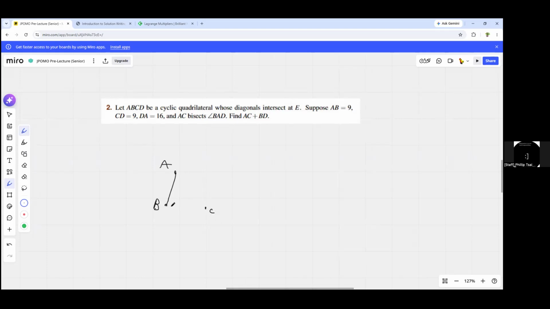But yeah, does anybody have any thoughts on how to approach this problem while I'm drawing the figure?